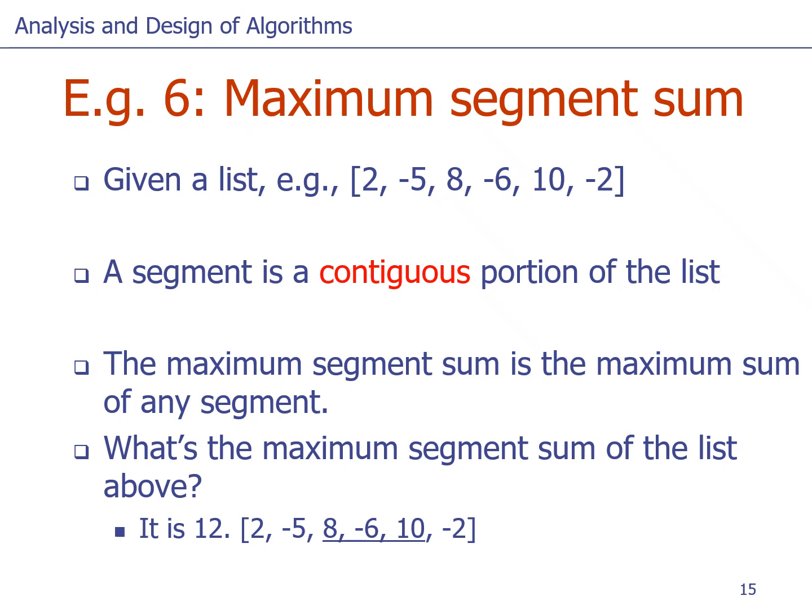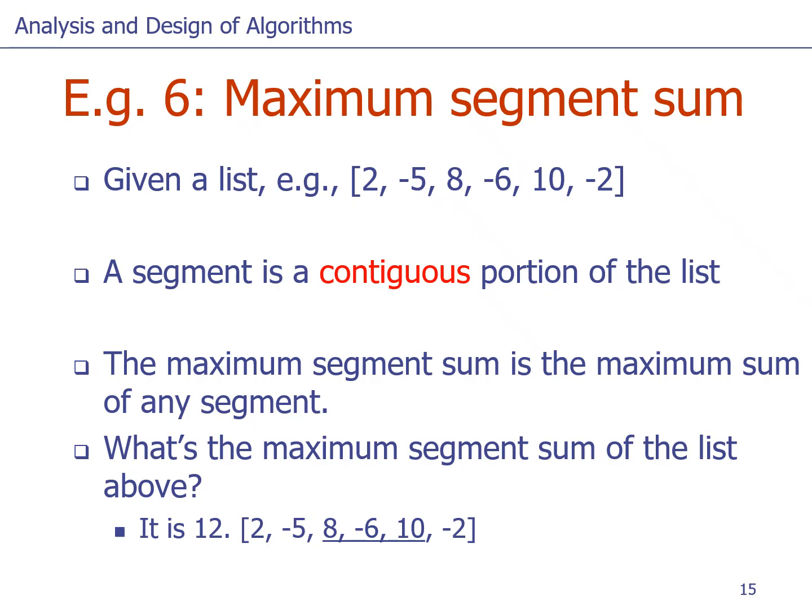Okay, so I will look at 2, minus 5, and 8 as if this is the only array I have, and I'll figure out what's the largest sum I can generate here. So 2 and minus 5, that's a minus 3. Minus 5 and 8, that's a 3.